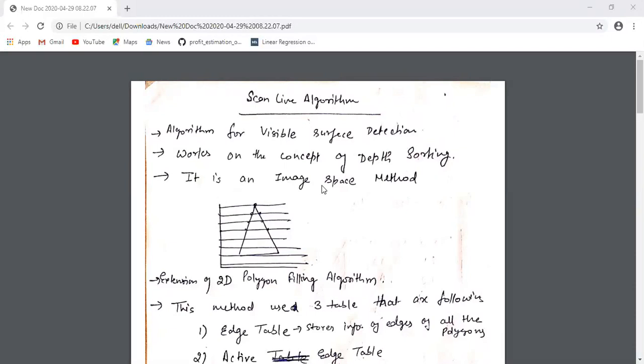It is an image space method. There have been two approaches so far: object space method and image space method. Like the Z-buffer and A-buffer algorithms, this algorithm also uses the image space approach. That means it works in the image space, or screen coordinates.